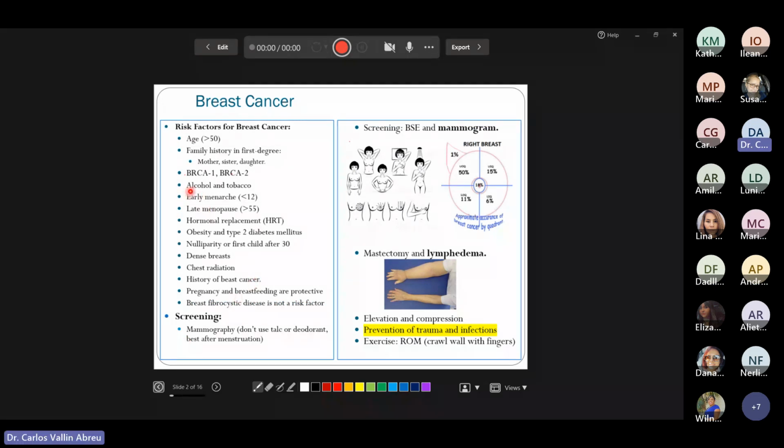And then come some risk factors that can be modified: alcohol and tobacco. Because you cannot modify that you are growing older. You cannot modify that you are a woman. Well, now we cannot talk about that because it's a very polemic topic. But you cannot modify what you are born as. You cannot modify your family, even if you want.